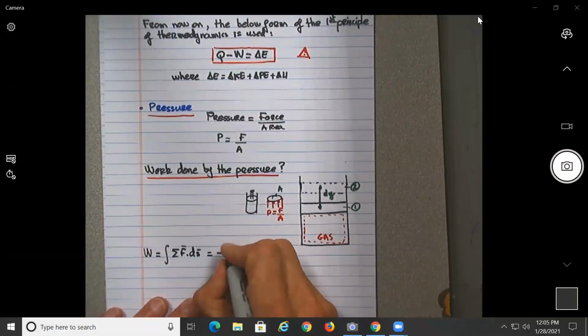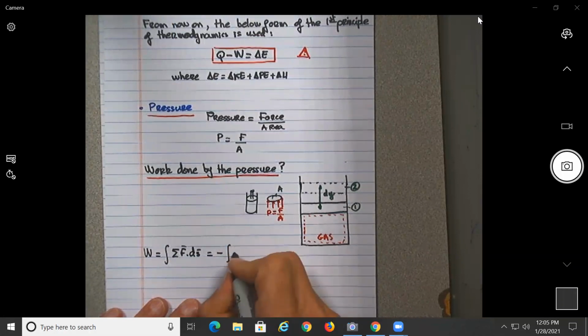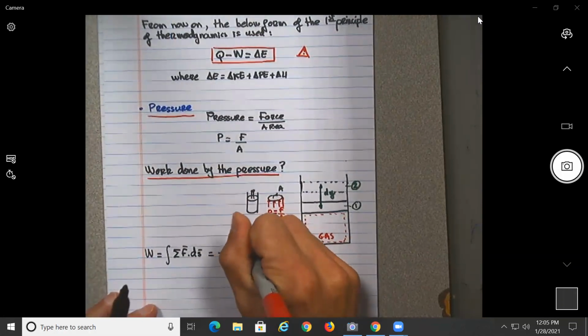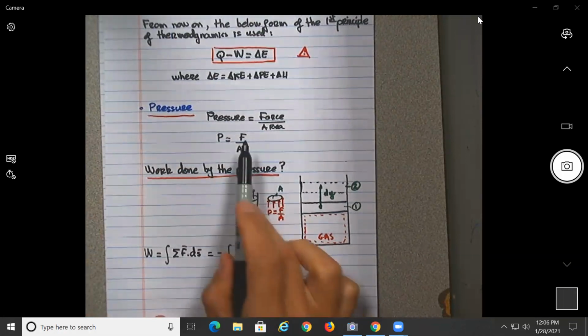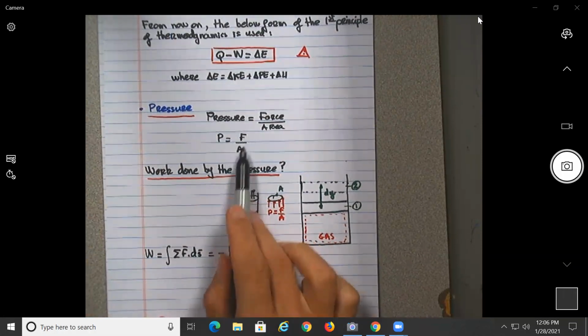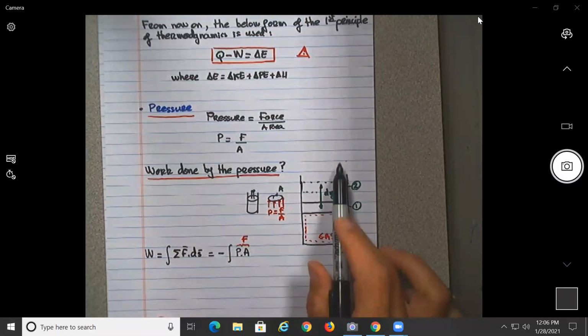Now, what is the value of the force of the pressure? The force of the pressure is equal to P times A, no? This is the force from this equation, F equals P times A. Or from here, F equals P times A. So the force created by the pressure is equal to P times A. And now, in what distance is this moving?